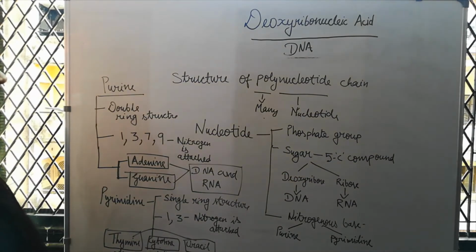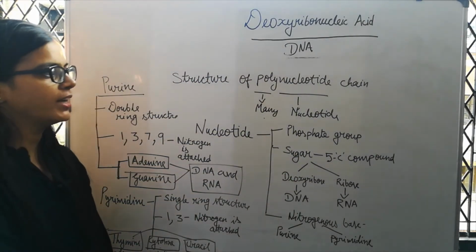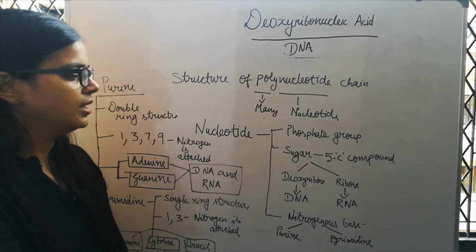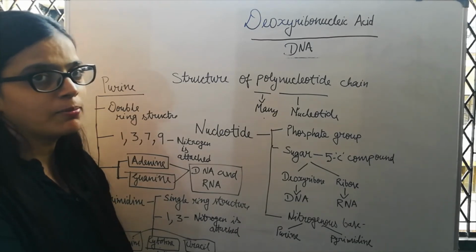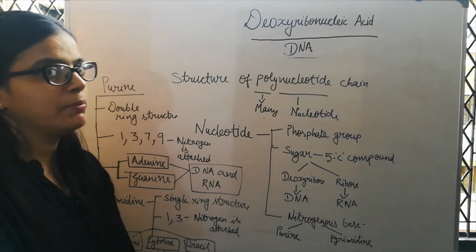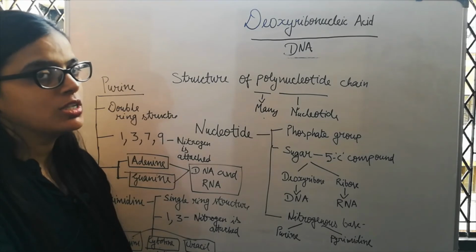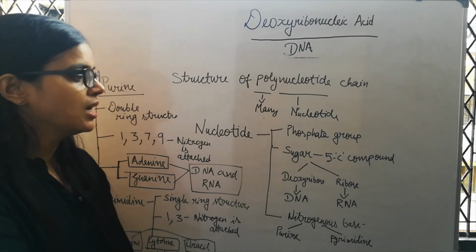So, this is the composition of nucleotide. Nucleotide consists of phosphate group, sugar, and nitrogenous base. Sugar is a 5 carbon compound of 2 types, deoxyribose and ribose. In DNA, deoxyribose sugar is present and in RNA, ribose sugar is present.